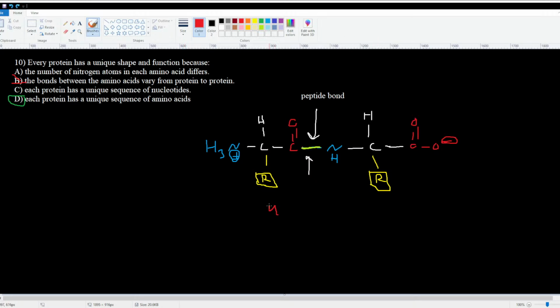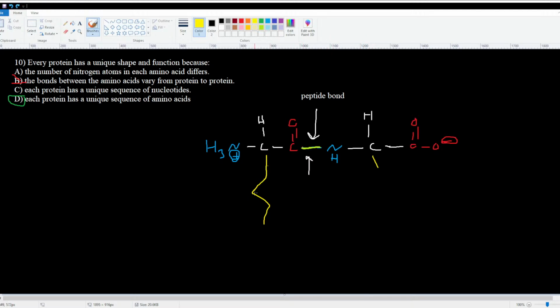Well, let's look at this. Like I said, these R groups can vary. So let's draw out some R groups. These R groups could be one of 20 things, as I've discussed. How about this R group can be, let's make this one isoleucine.